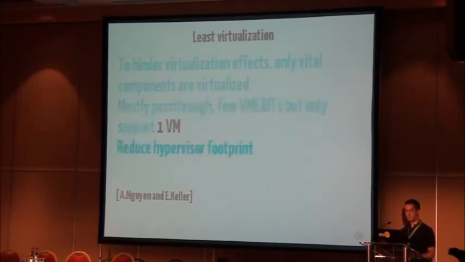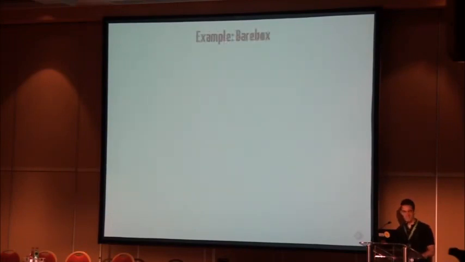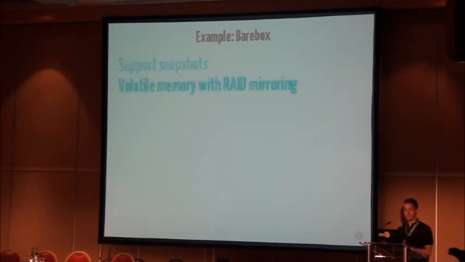So we are going to start with physical virtualization, or physicalization, which is virtualizing without using virtualization. The example is BareBox. I found this, I can show you after. It supports snapshots. It uses volatile memory, meaning that it boots your Windows OS, say, on a physical machine.